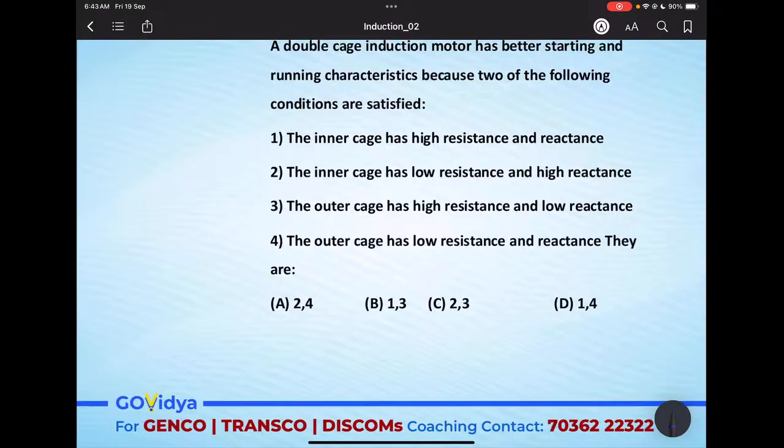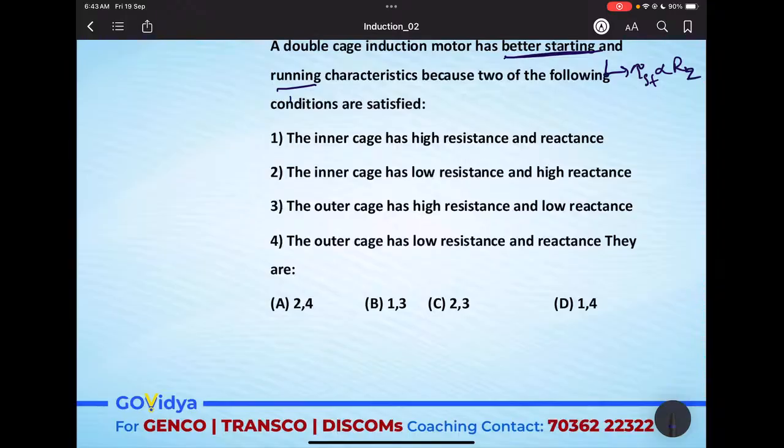A double cage induction motor has better starting and running characteristics because two of the following conditions are satisfied. What they are telling? Better starting and better running. In any induction motor we already discussed the starting torque is directly proportional to the rotor resistance.